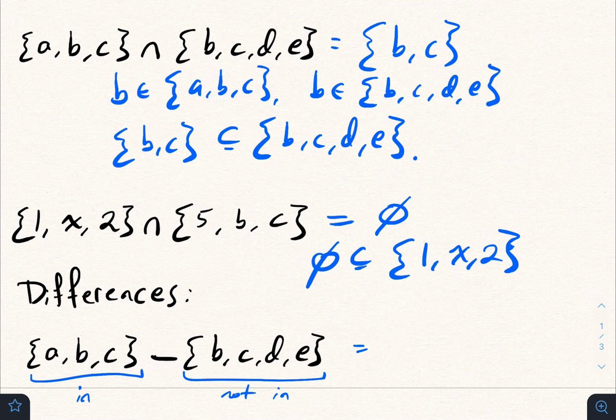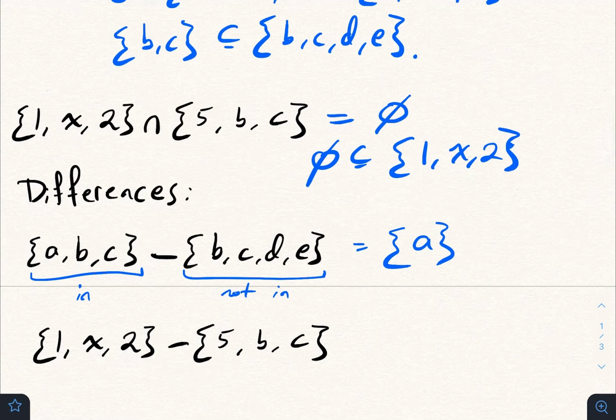So what is in the first set that is not in the second set? You could just do this one by one. A is in the first set, but it's not in the second set. B is in the first set, but it's also in the second one, so B would not be in there. C is in the first set, but it's also in the second set, and so C would not be in the difference. So the difference just has A in it.